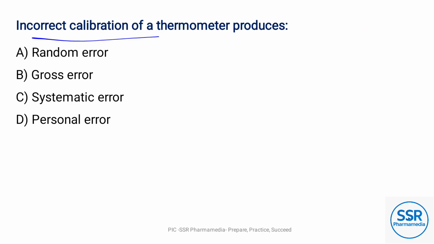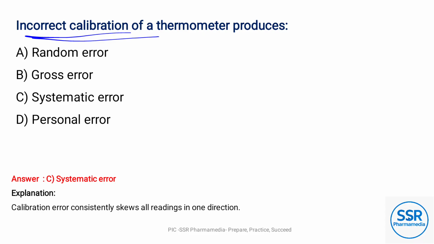Incorrect calibration of a thermometer produces incorrect calibration. It produces option C, systematic error. Systematic error is predictable and avoidable. Calibration error consistently skews all readings in one direction.